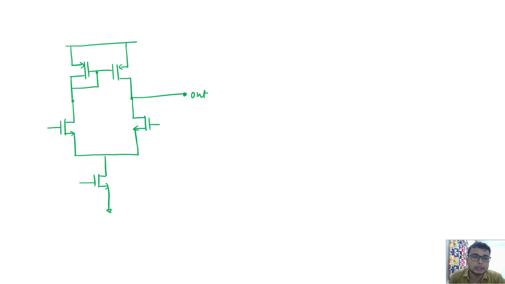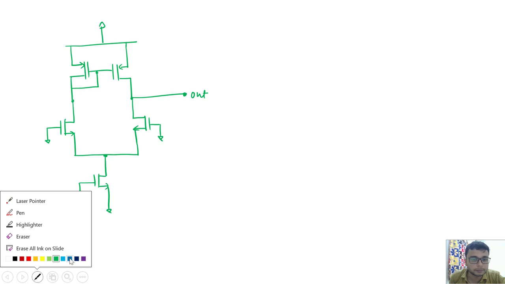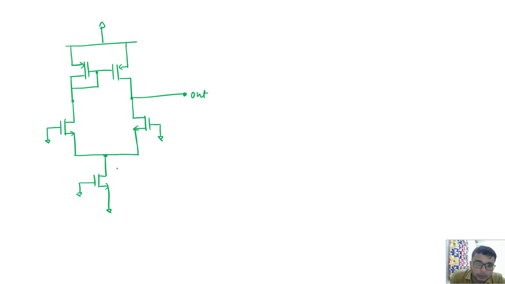Now we will see the individual contribution of the noise. When we do the noise analysis, we will just short these inputs, and we will only consider the noise across the transistor. So if I am considering first M naught, because direction does not matter for the noise current or voltage, that's why sometimes I am making it as stars.